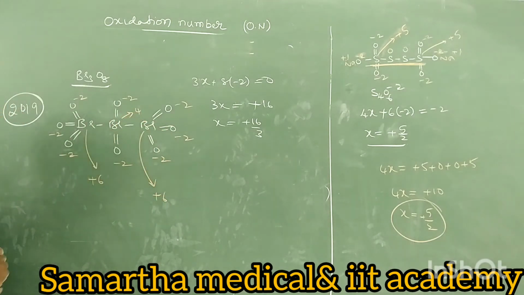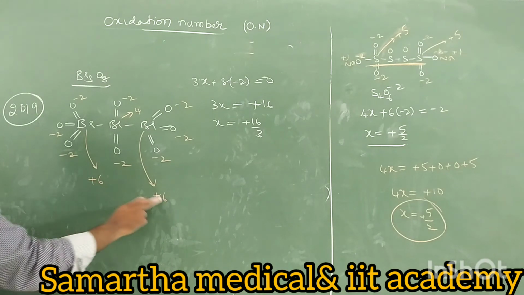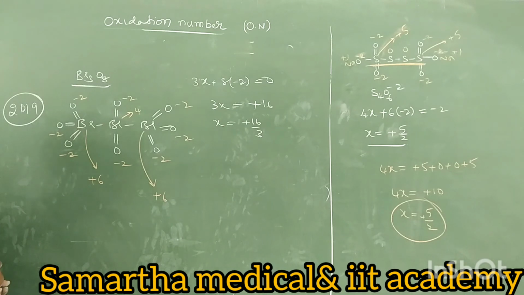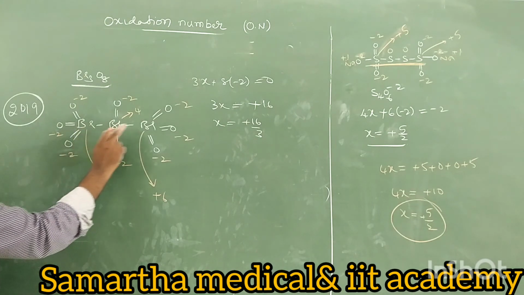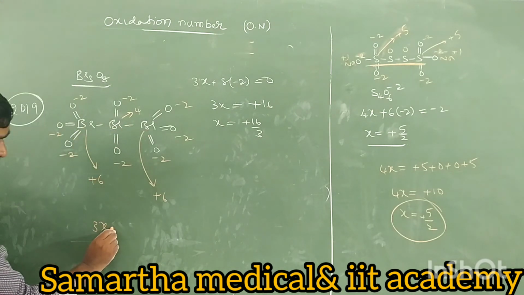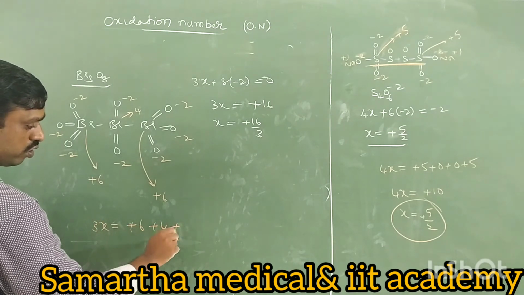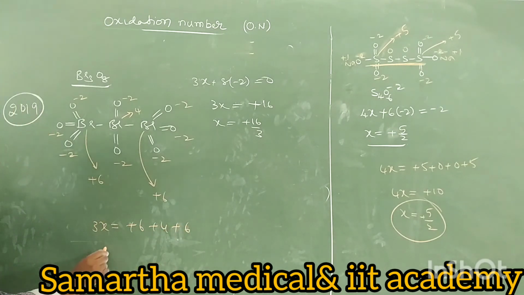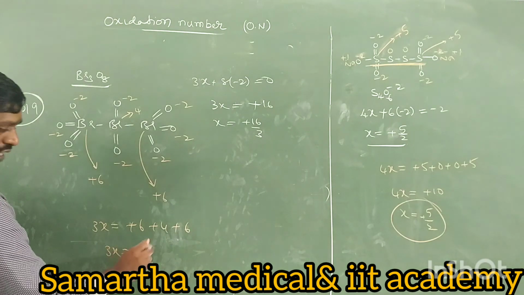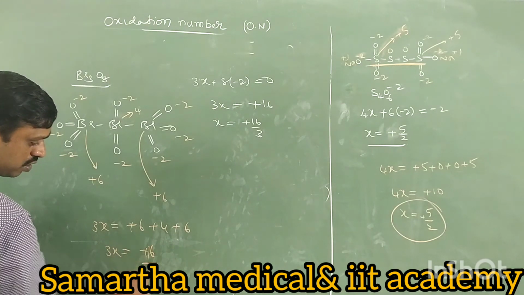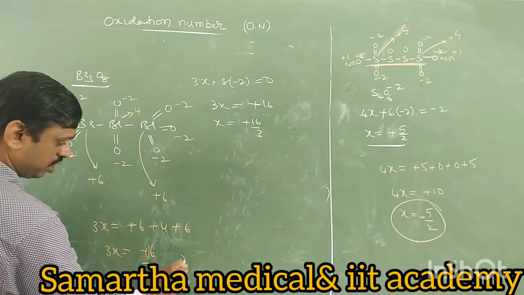There are 3 bromine, and the 3 bromines do not have the same oxidation number. 2 bromine have plus 6, 1 bromine has plus 4. Therefore 3x equals plus 6, plus 4, plus 6, which is 16. Then x equals 16 by 3.